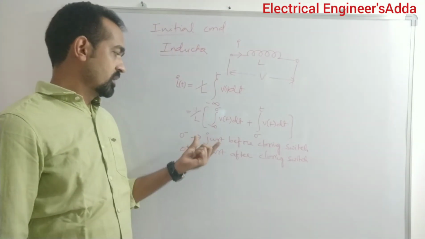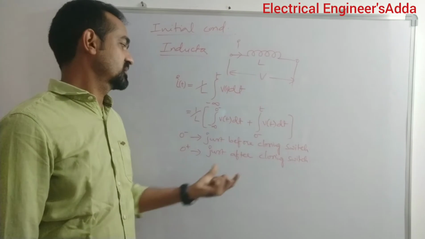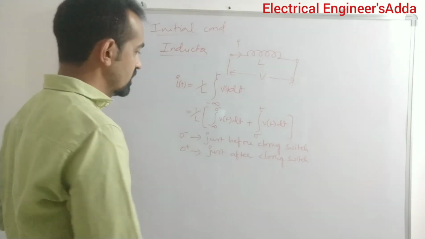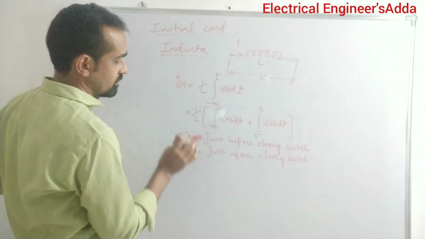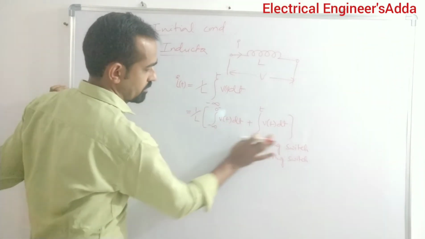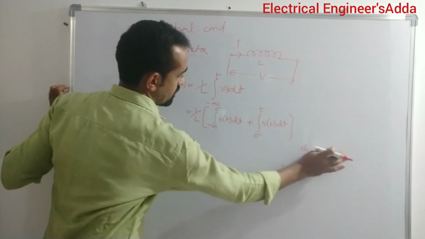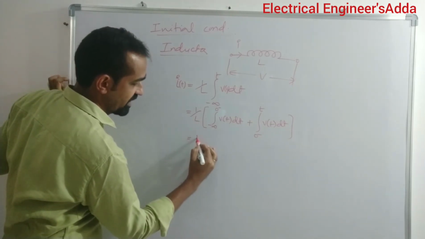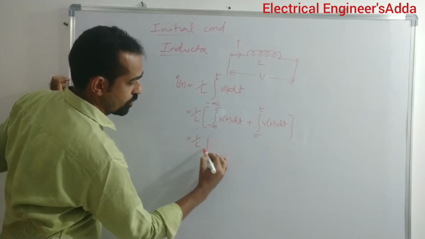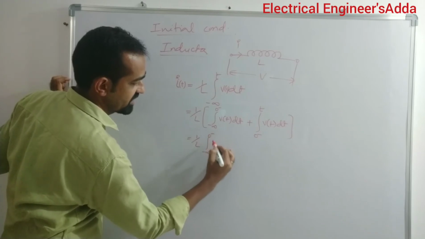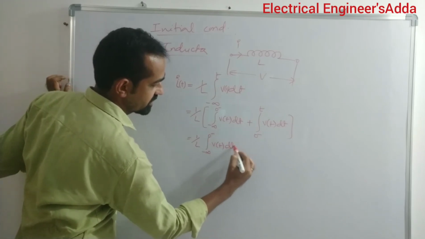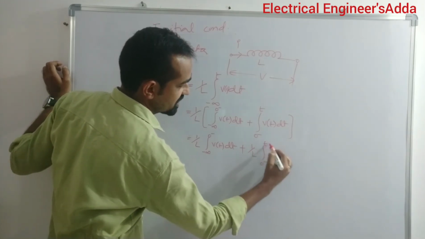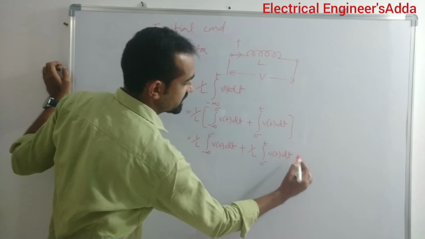Okay, here, what is the condition of this inductor before closing the switch and after closing the switch? Here, this is 1 by L integral from minus infinity to 0 minus of v of t into dt, plus 1 by L integral from 0 minus to t of v of t into dt.